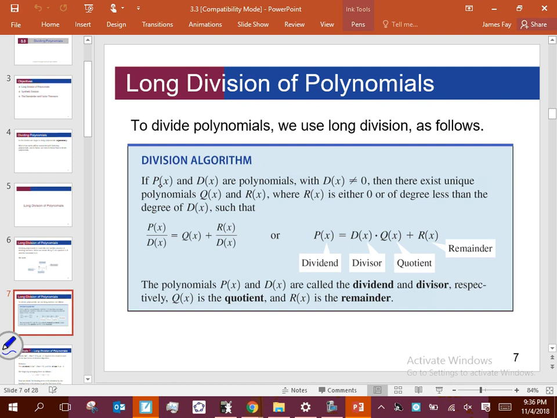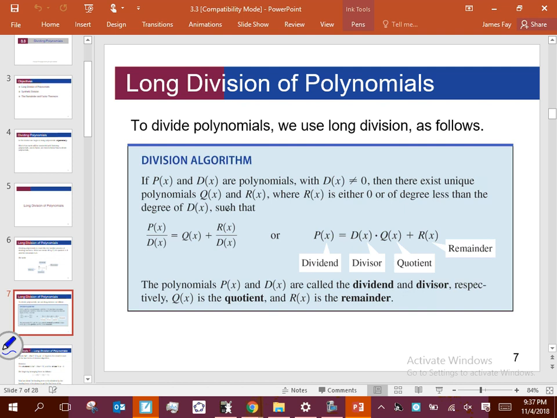It says if p of x and d of x are polynomials, with d of x not equal to 0. So basically, p of x will be your dividend, and d of x is going to be your divisor, and we just can't divide by 0. It says then there exists a unique polynomial q of x, a quotient, and r of x, a remainder, where r of x is either 0 or of degree less than the degree of d of x, meaning that my remainder is less than what my divisor was.